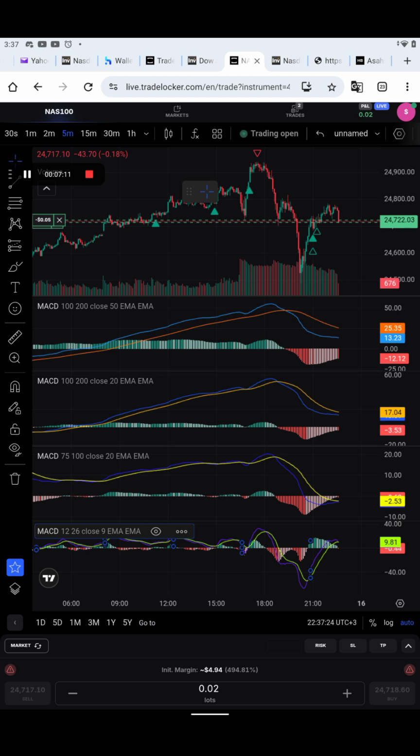It's set up to scalp the price. I'm sorry, the price is just messing around.